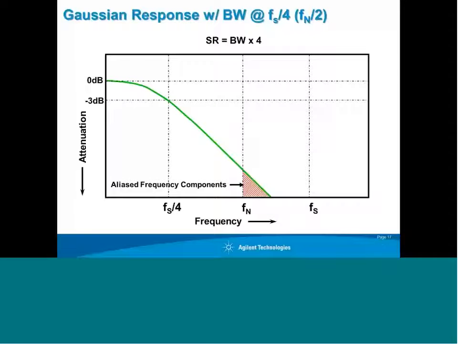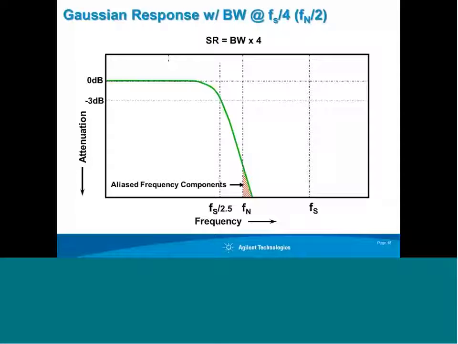Now most scopes from all vendors today, it's not just Agilent, but other oscilloscope vendors, will limit the bandwidth of the scope, typically, if it's got a Gaussian frequency response, to 1/4 or 1/5. In other words, the sample rate equals the bandwidth times 4. And if you do that, now the possible frequency components that can still be sampled above the Nyquist frequency are significantly minimized.